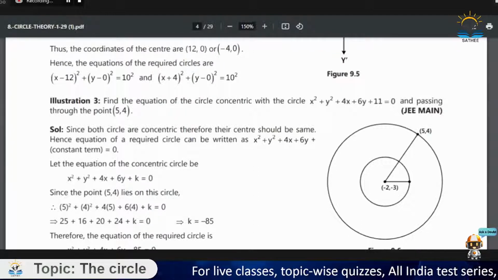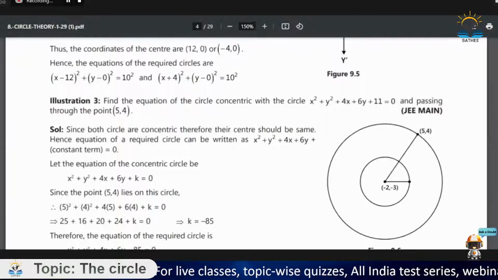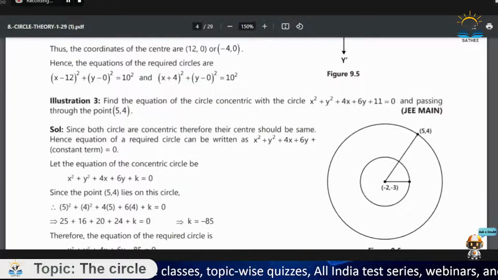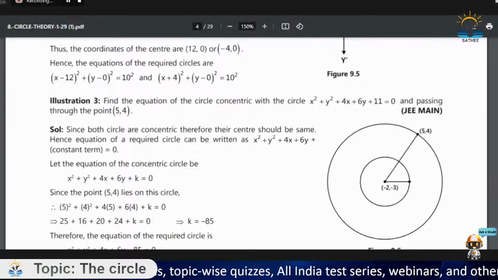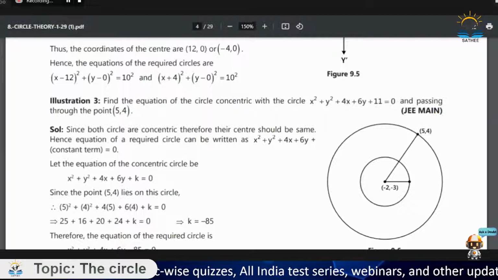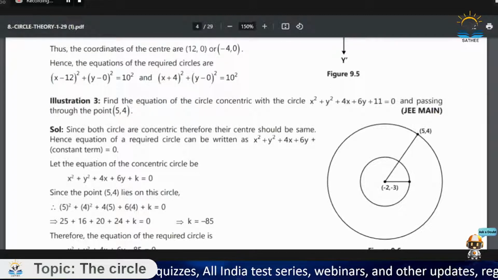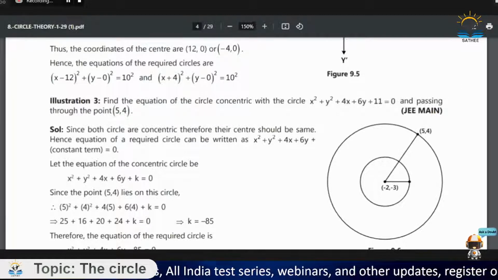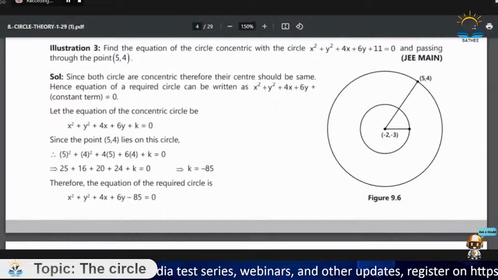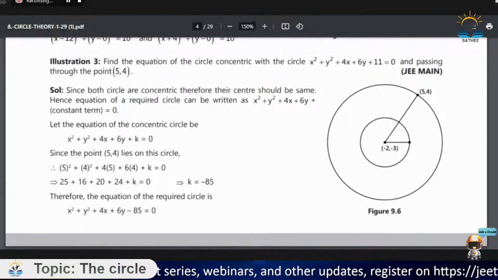So now we have got the center and we know the point on the circle, (5, 4). So again we will find the distance between the 2 points and we will know the radius. The radius comes out to be root of 7 square plus 7 square, which is equal to 7 root 2.